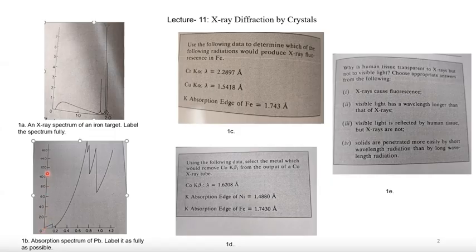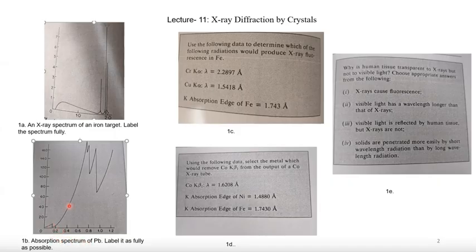The unit is centimeter square per gram, and this is as usual the wavelength in Angstrom, and this peak we call the K absorption edge. That means this is the K absorption edge of lead.